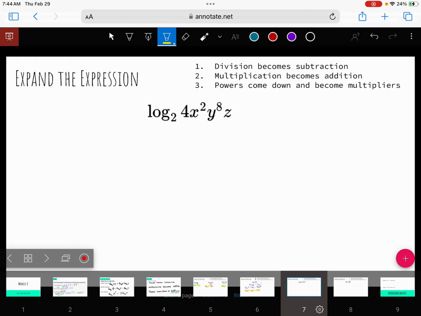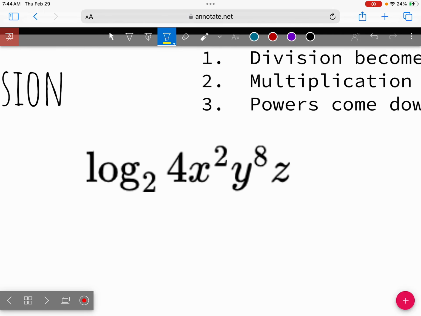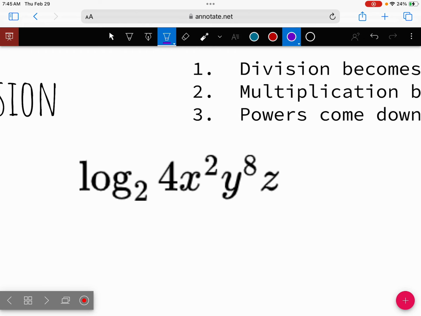Oops, sorry. I don't see any division in here. But I see a bunch of multiplication. So we checked for division. We don't have any, so we're good to go.